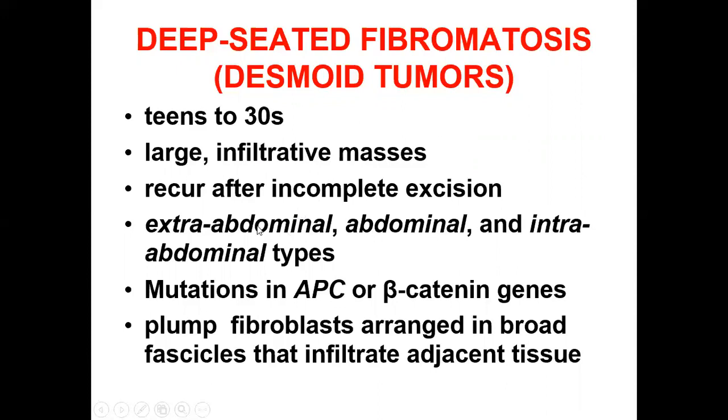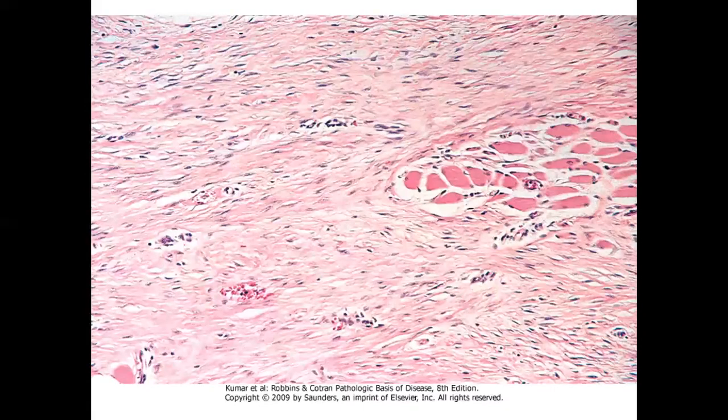They may be abdominal, intra-abdominal or extra-abdominal, and mutations in APC or beta-catenin genes may be seen. There are plump fibroblasts arranged in broad fascicles that infiltrate the adjacent tissue. Deep fibromatoses are desmoid tumors.